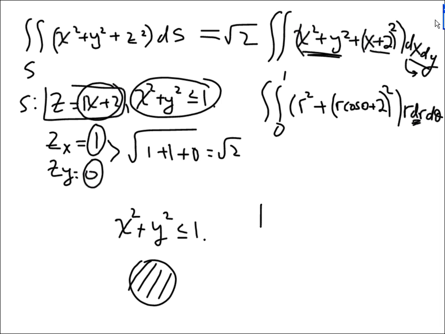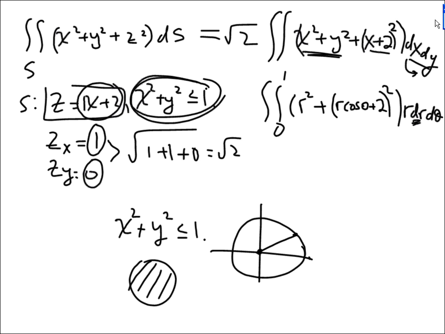Remember, we're given x squared plus y squared less than or equal to 1. Well, r always starts here, and it goes out to here. You're given a bigger angle, r starts here, it goes out to here.